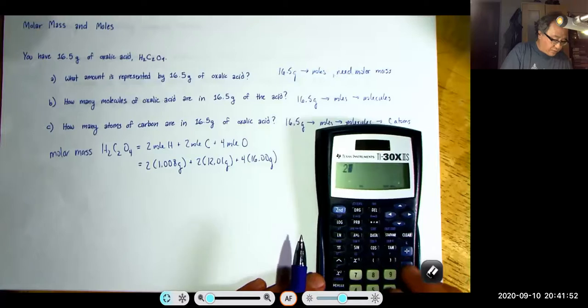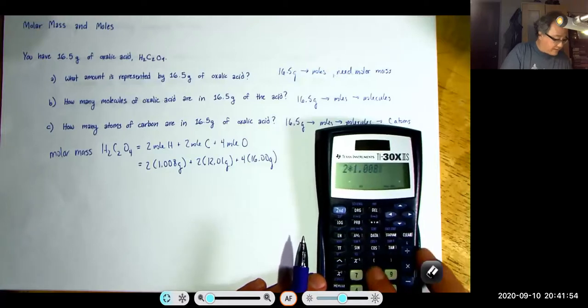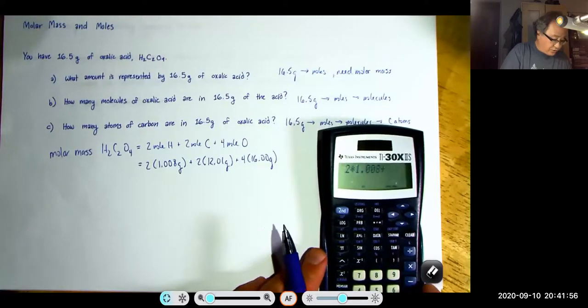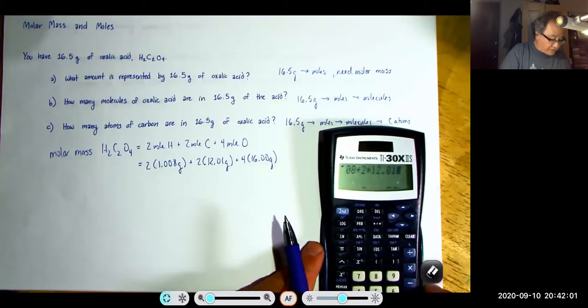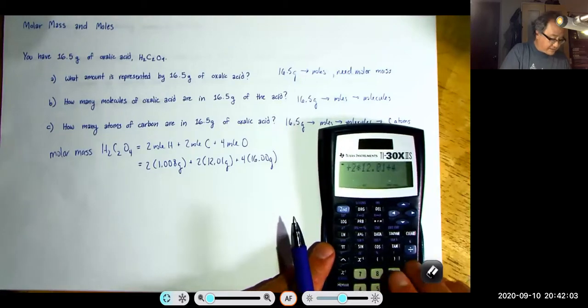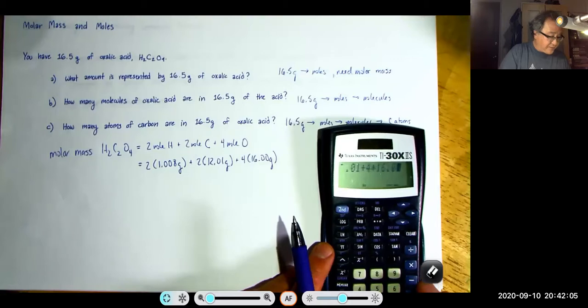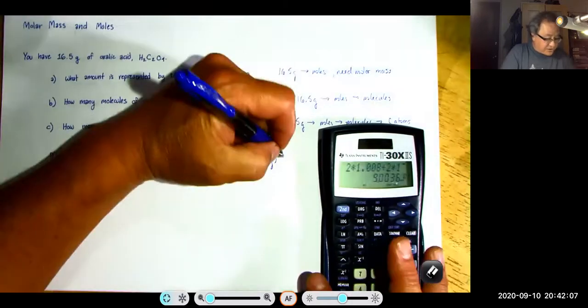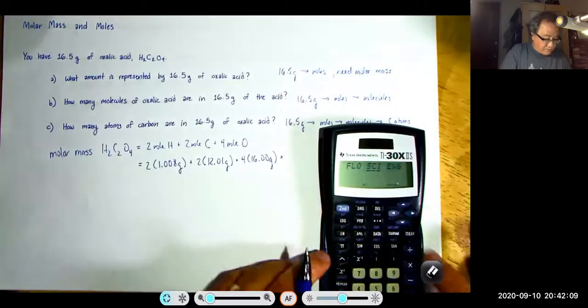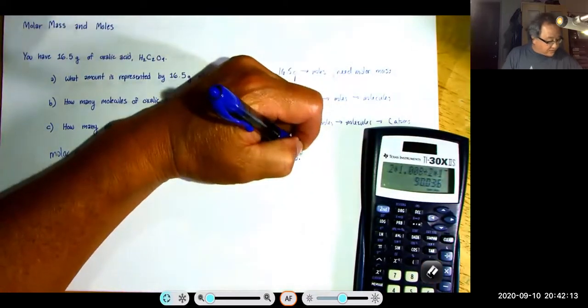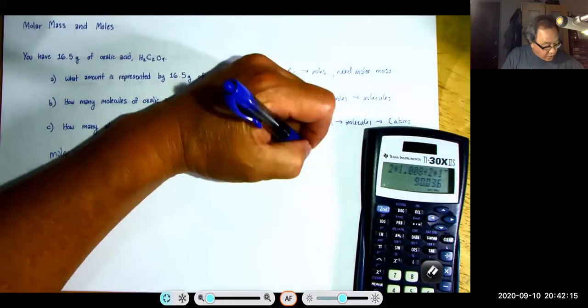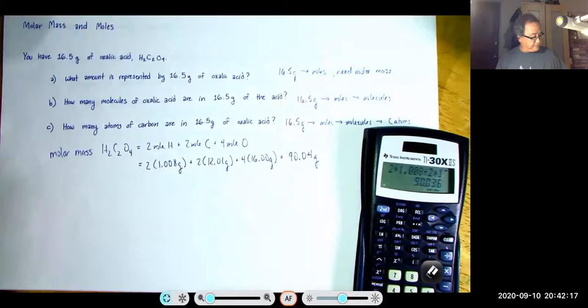2 times 1.008 plus 2 times 12.01 plus 4 times 16.00. And we get 90.04 grams.